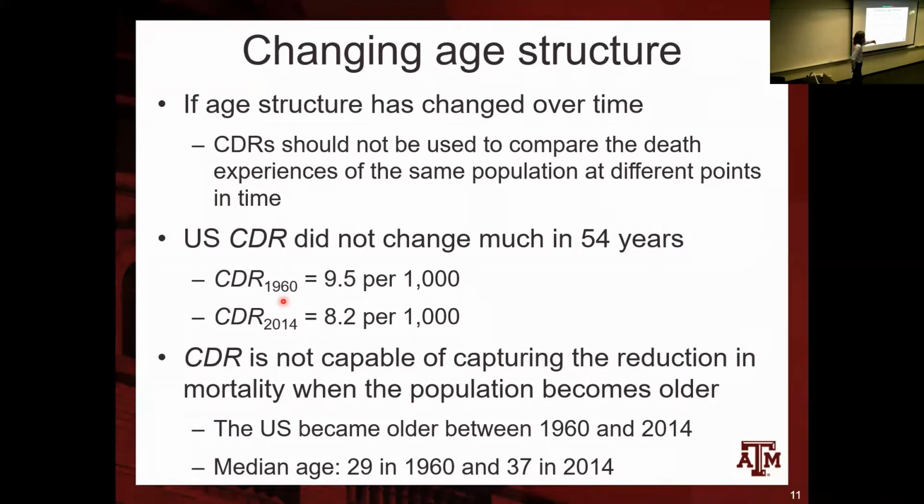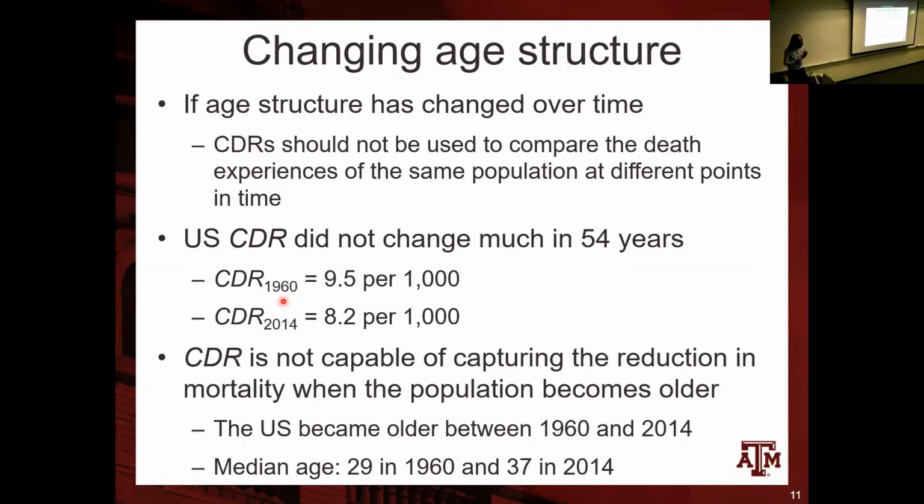It declined to 8.2 by 2014. But these numbers don't look like there was a huge reduction in the crude death rate in the US. Over this 54-year interval, it reduced only from 9.5 to 8.2 deaths per 1,000.